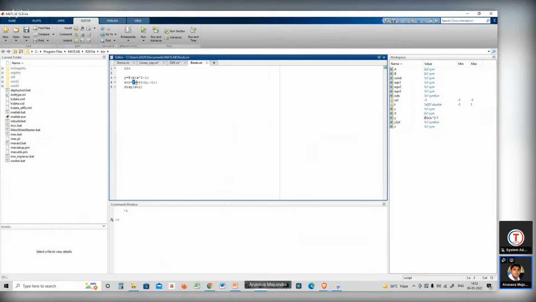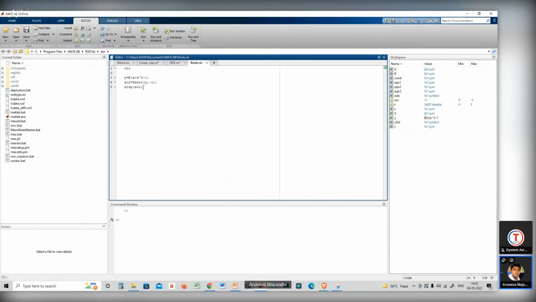So the function here is fzero. fzero is the command to solve the equation in MATLAB. There are many other commands, the solve command can also solve the equation, but here generally fzero is a very effective command in MATLAB to solve any equation.